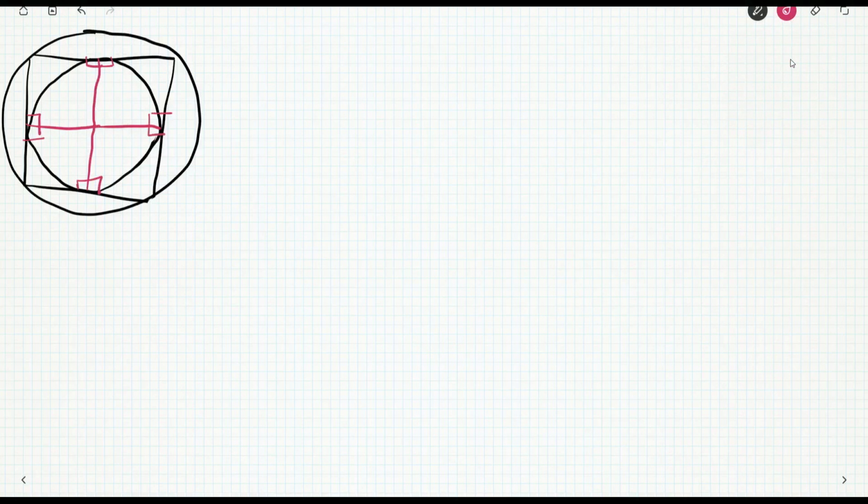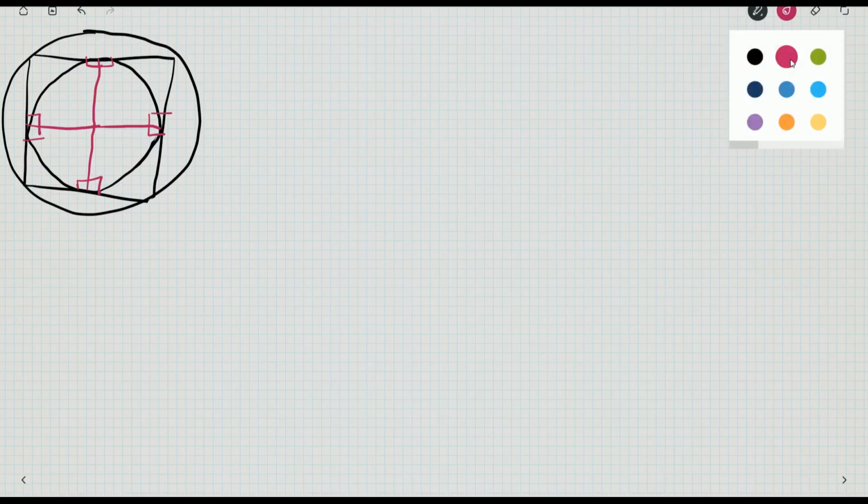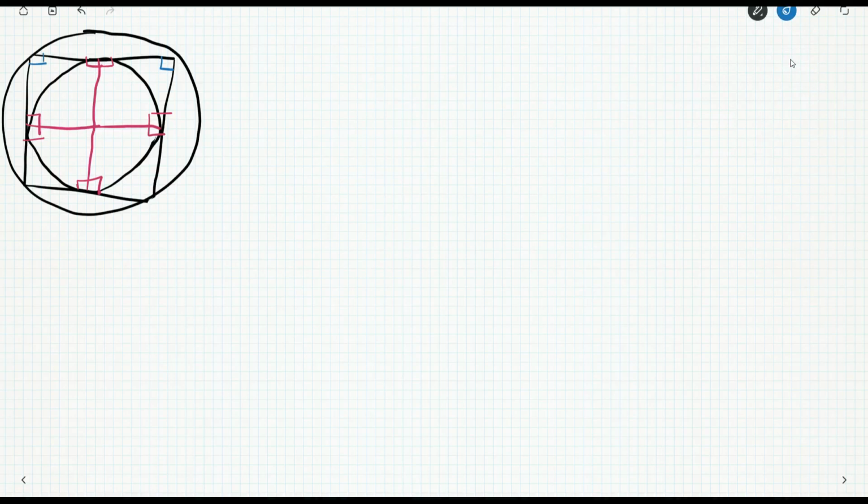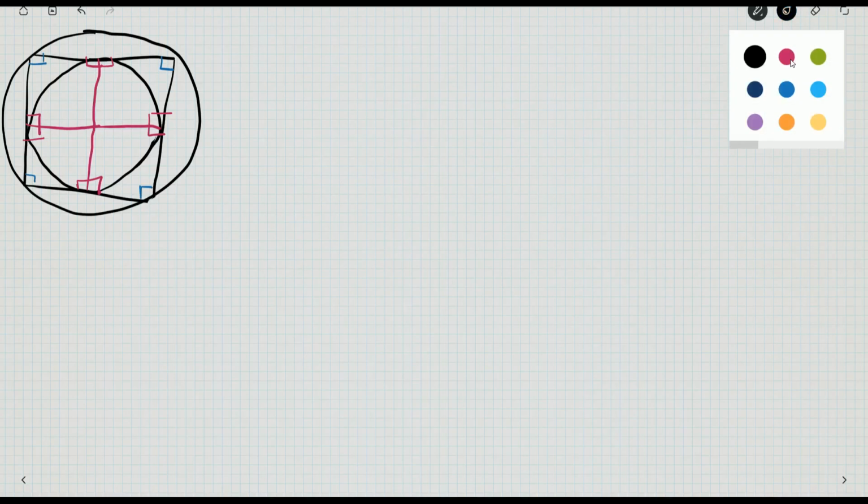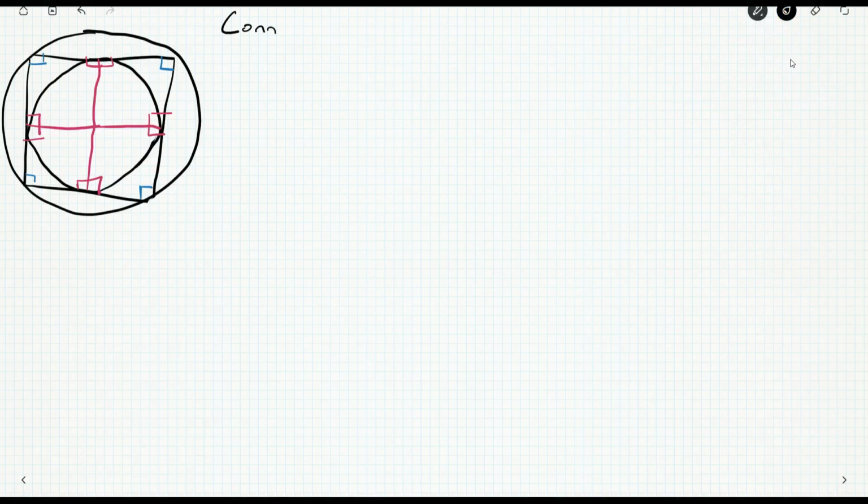And so, since we've got a square here, we know that these are all right angles as well. We can start writing some of this down. Connect the center of the smaller circle.